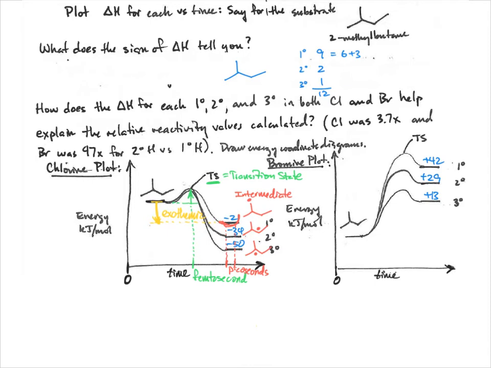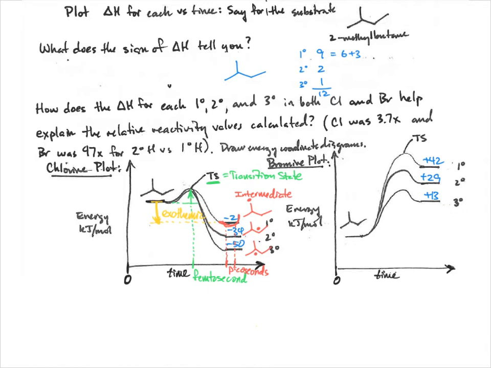Our transition state. Notice the energy of the transition states are all at different energies. Now, what I really want you to focus your eye on is for chlorine, notice how they're all sort of the same, right? You're moving up to the same sort of transition state, and then they all disperse down to different energies. Here, the energy levels are higher.